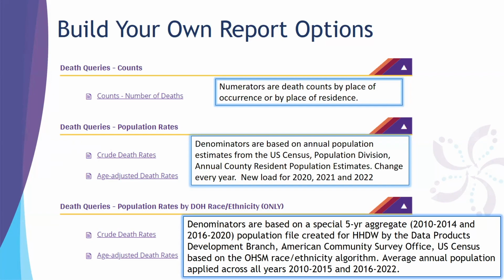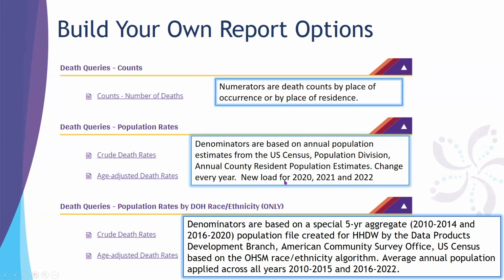The population rates by DOH race ethnicity uses a 5-year aggregate file that's been created especially for HHDW by the census to generate population counts for race ethnicity that also approximate how race ethnicity is assigned using the DOH race ethnicity algorithm. To get down to that level, we need to aggregate 5 years of data at a time. So the denominator is fixed. So there's 2 denominators in this query. One is going to be from 2010 to 2014, and the other one is from 2016 to 2020.